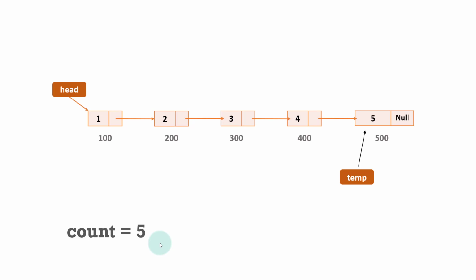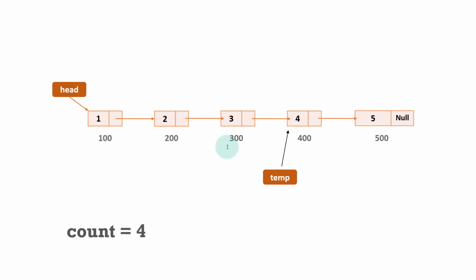Which means when we move from one node to another, suppose here we were at 4 and now we are moving to 5, we increase the value of the count variable. So if I come to 2 again, then the value is 2. If I move to 3, then I have increased the value by 1, so it becomes 3. Again, I move to 4, then the value has been increased by 1 to 4. So this is the process we will follow to count the length of the linked list.